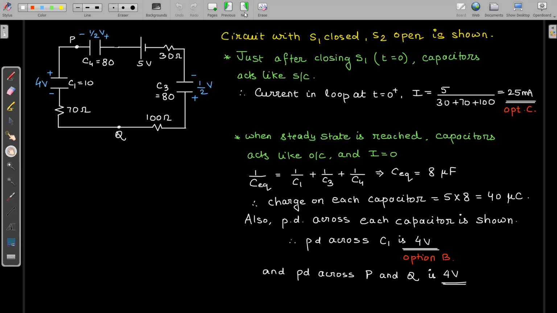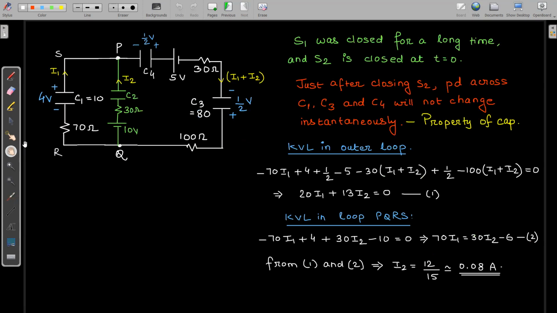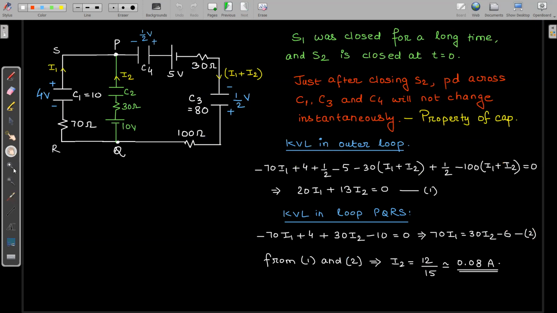Now let us look at option A. In option A, the switch S1 was kept closed for a long time, and then you close the switch S2 at t equal to 0. Just before the switch S2 was closed, the potential difference across the capacitors we just calculated: across C1 it was 4 volt, across C4 it was half volt, and across C3 also it was half volt.